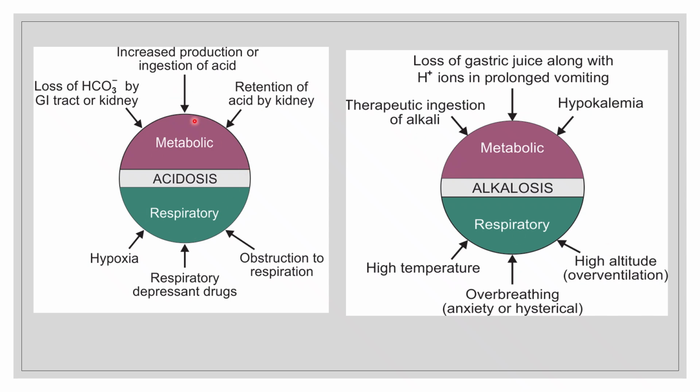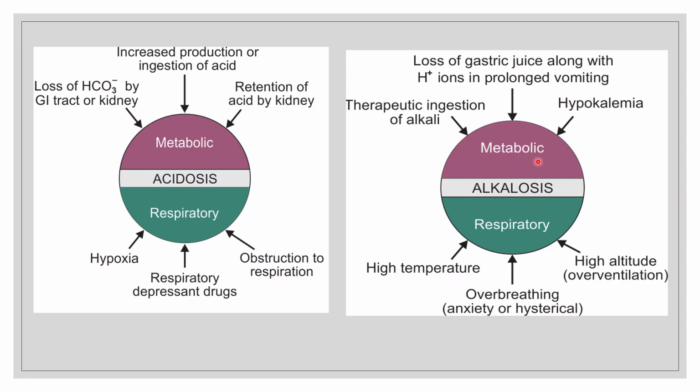So this is in a nutshell. What are the causes for metabolic acidosis? First is the loss of bicarbonate by the gastrointestinal tract or kidneys. Second is the increased production or ingestion of acids. Third can be the retention of acids by the kidneys. If it is respiratory acidosis, the causes are hypoxia, respiratory depressant drugs, obstruction to respiration.